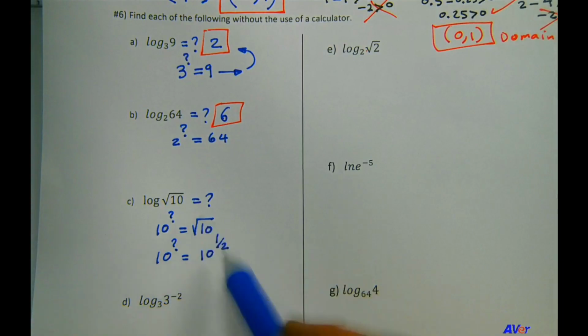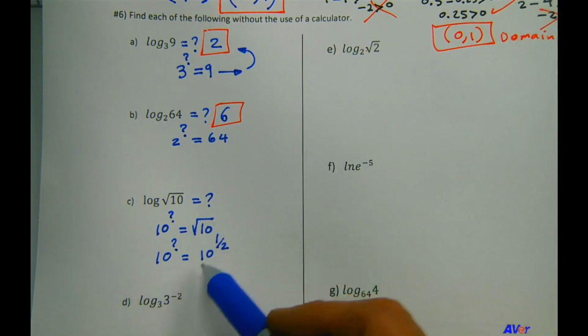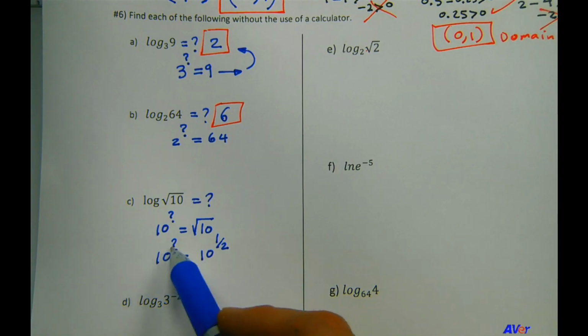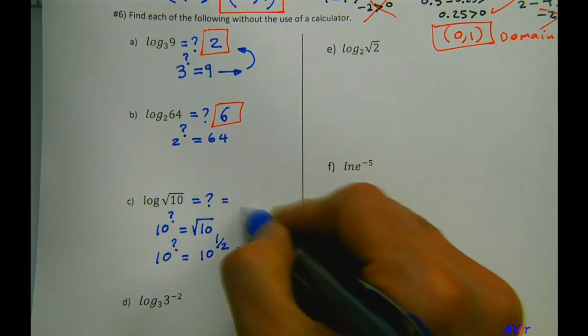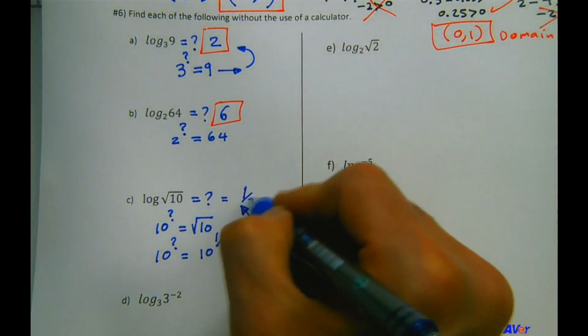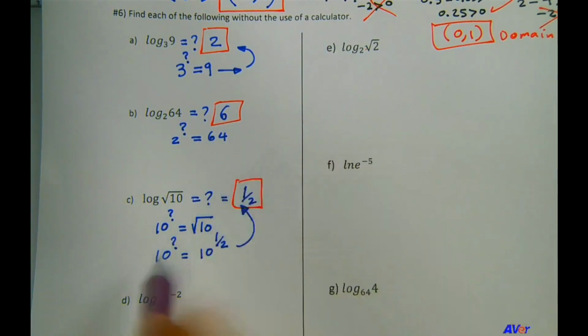Do you see what that question mark should be? The bases are 10. The only way the two sides can be equal to each other is if this question mark is 1/2. So the answer there has to be 1/2. We figured out that exponent.